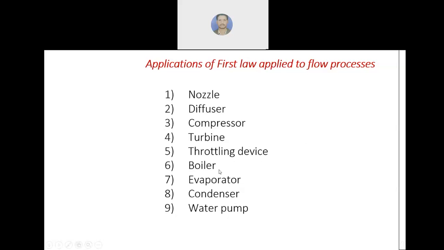Boiler. What is a boiler? Everybody knows, to heat or to generate steam. Evaporator is also the same thing. Condenser is used to cool something. Water pump is used to circulate the water or to take water from low height and throw it to higher elevation.